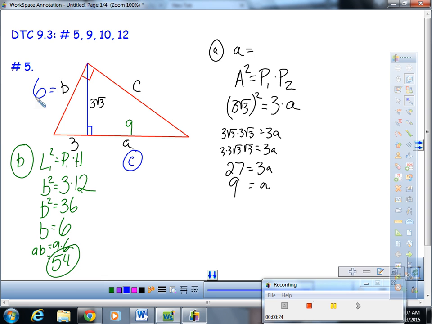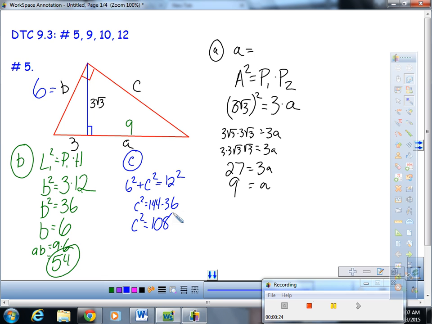So we'll just use Pythagorean theorem. 6 squared plus C squared equals 12 squared. So C squared is 144 minus 36. C squared is 108.